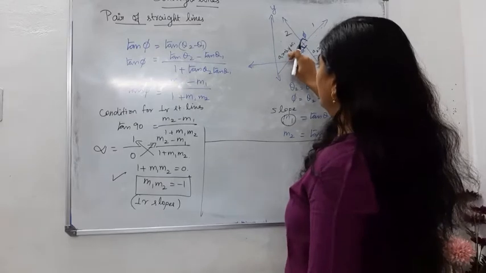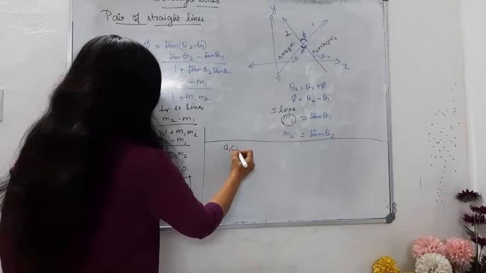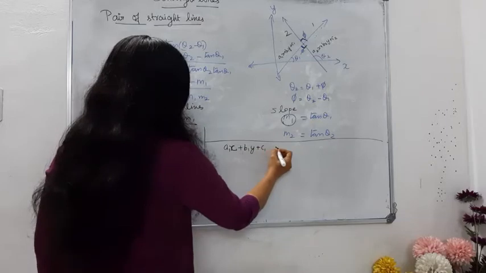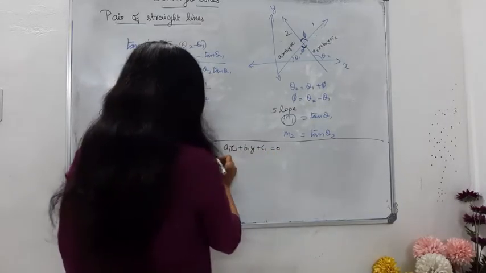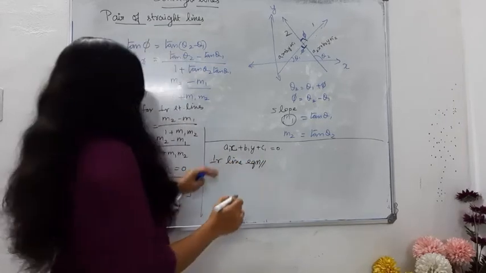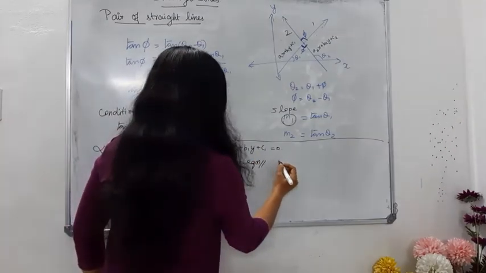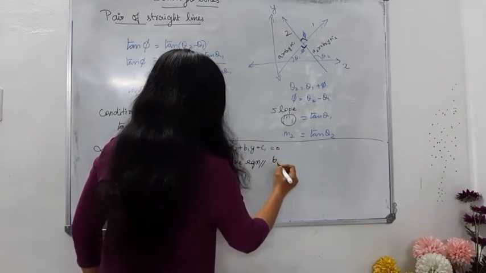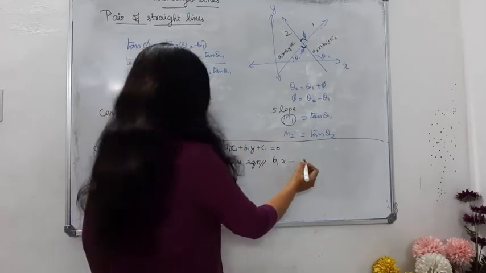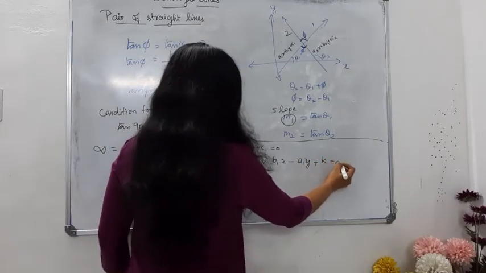a1x plus b1y plus c1 may be the general form of the straight line. Okay. The perpendicular line equation may be, so you have to interchange the x and y coefficients, like b1x minus a1y plus a constant, since this plus should be written as minus; it differs in constant.